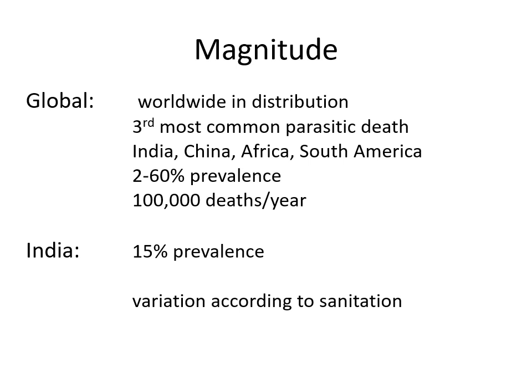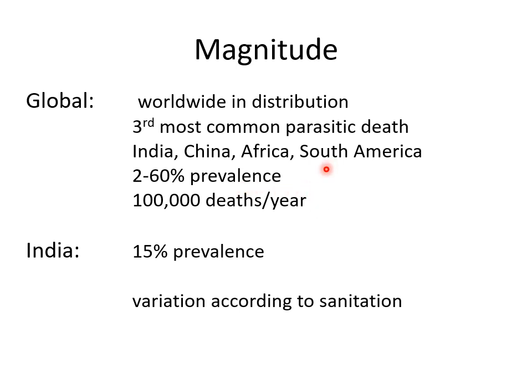What is the problem? It is worldwide in distribution, except in countries which are very well developed. It's the third most common parasitic cause of death. Malaria leads first, especially in China, India, with 2 to 6% prevalence. In some areas 60% prevalence is almost the whole population, and about 10 lakh deaths per year.